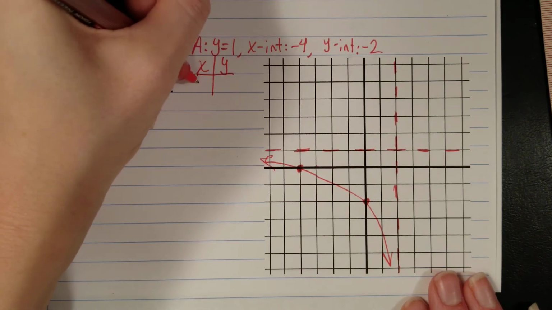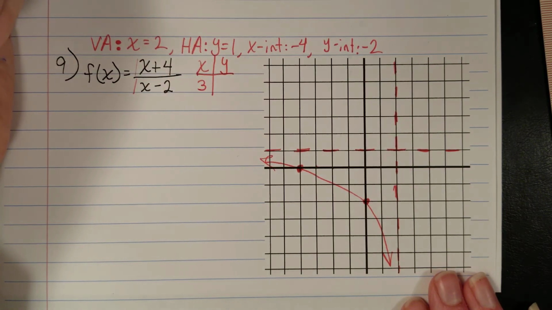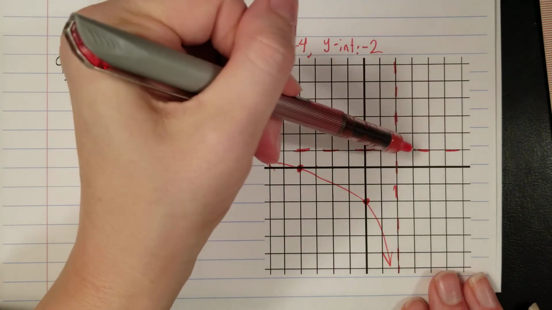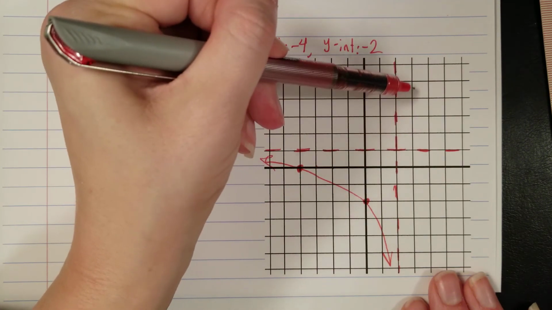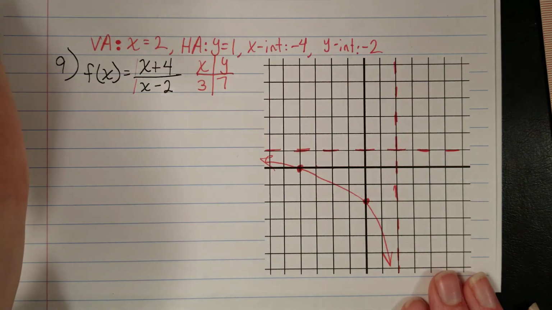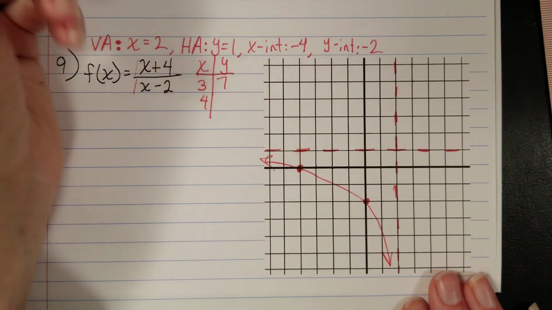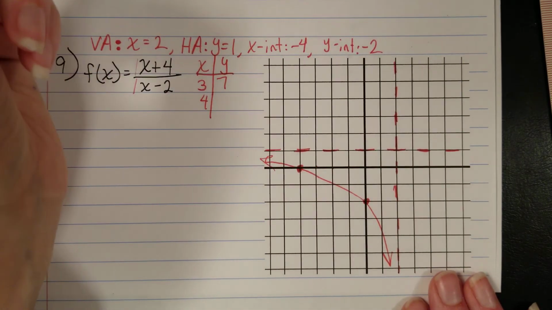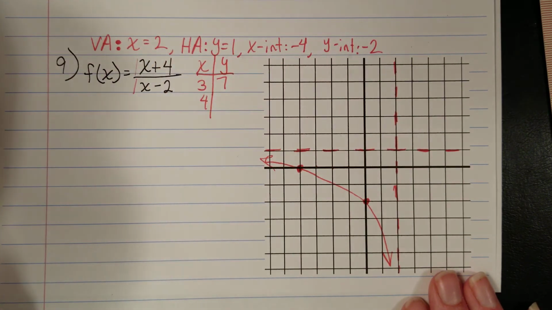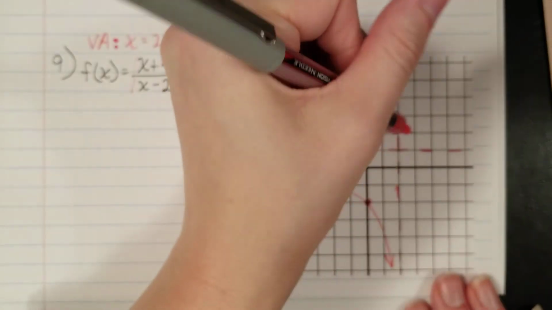Let's say if x is 3, that's going to be 7 over 1, so that's going to be 7. Can I fit that on here? Probably not. What about if x is 4? That'd be 8 over 2, so that'd be 4. That would work. I can plot that.